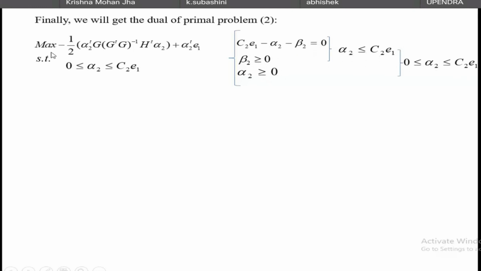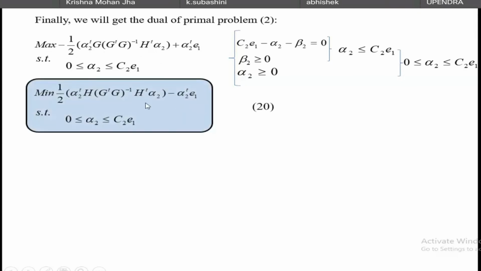So obviously now we have the final dual form of our primal problem two. Here the max that we have written, you can write in the minimization form also. Now our aim is again to find this alpha 2, because alpha 2 is unknown to us; the other terms we already know.